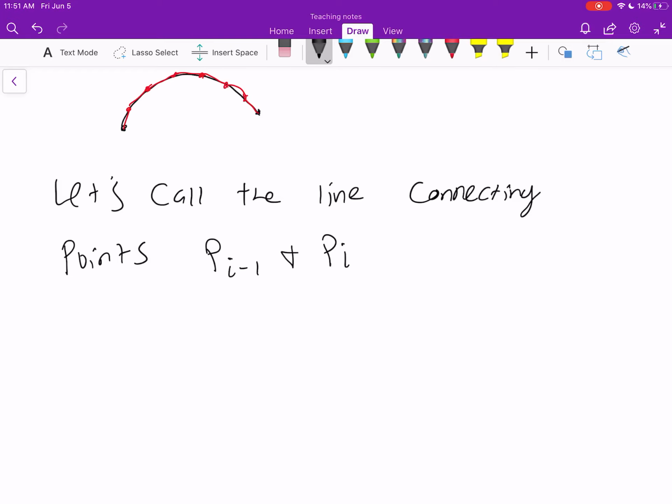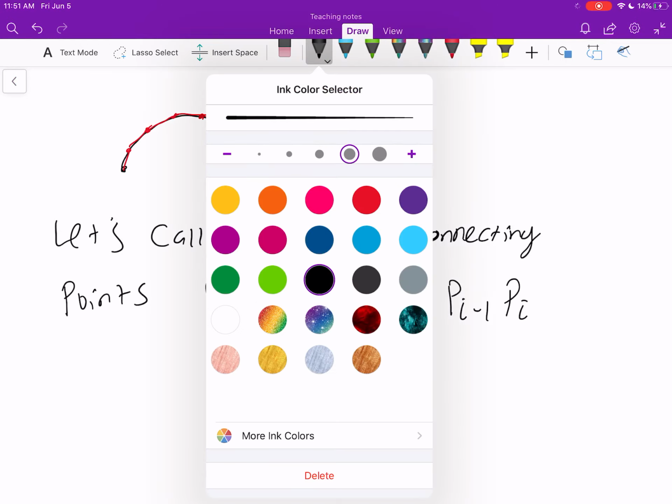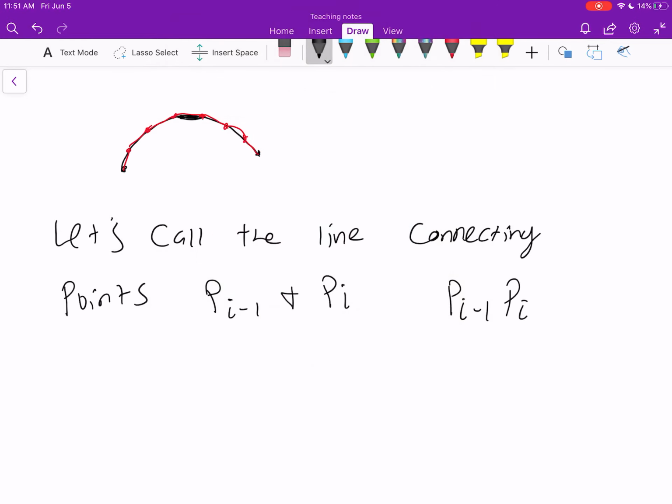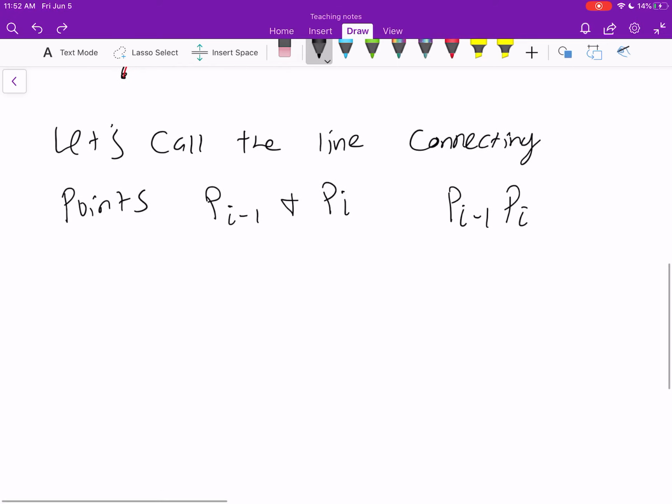We'll call this line just P sub i minus 1 P sub i. It could be talking about this line right here that I've just put in black on the figure. It's talking about any line segment there, and we're just calling that line segment P sub i minus 1 P sub i.